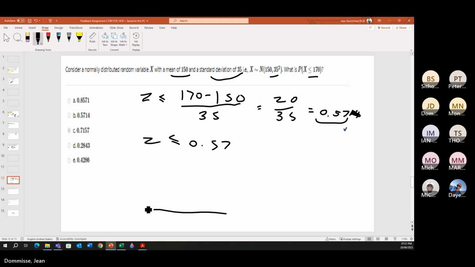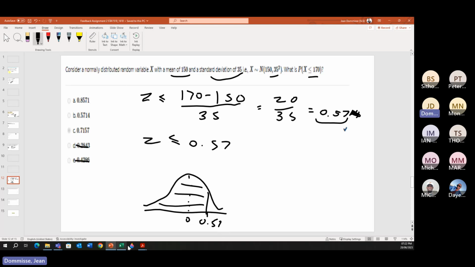So, Z table, or sorry, the Z diagram, 0.57, smaller than that. So we know again it's going to be more than 0.5. So could have already cancelled those two out.